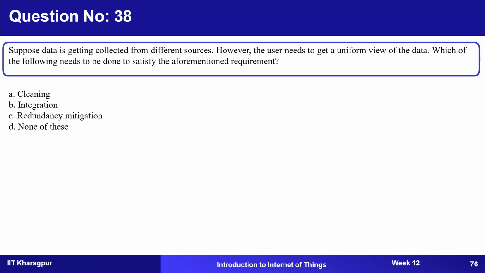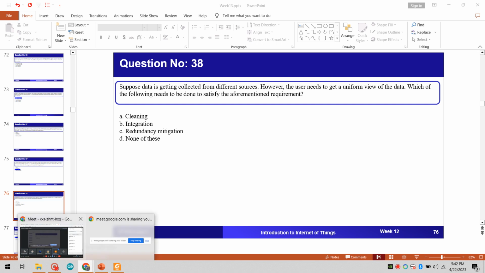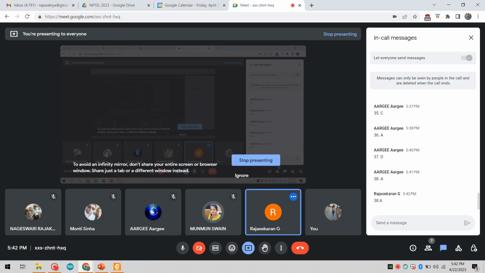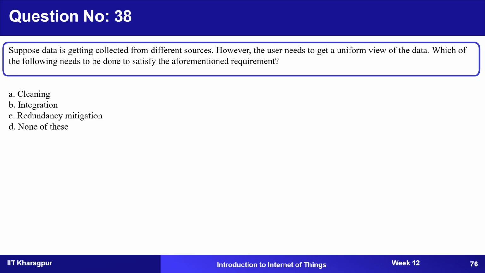C, ma'am. Redundancy mitigation. C, ma'am. A. Question is, you are getting data from different sources.